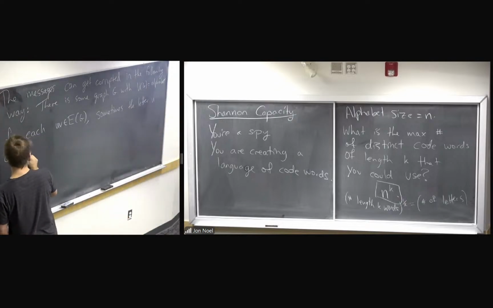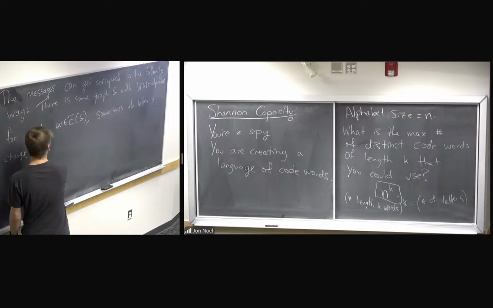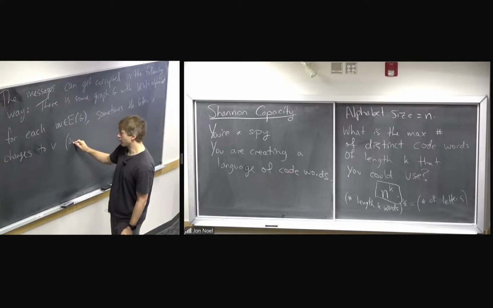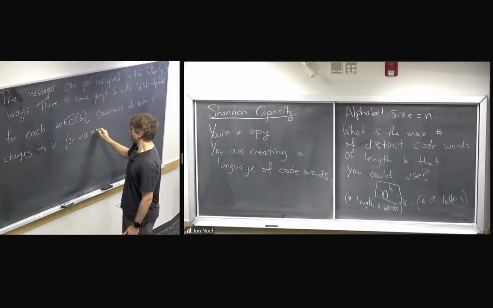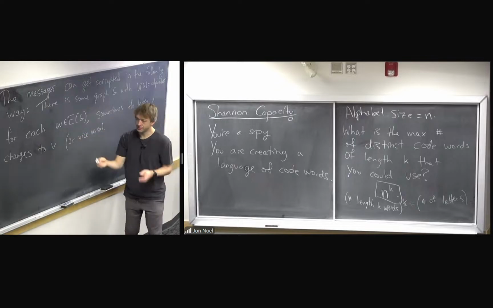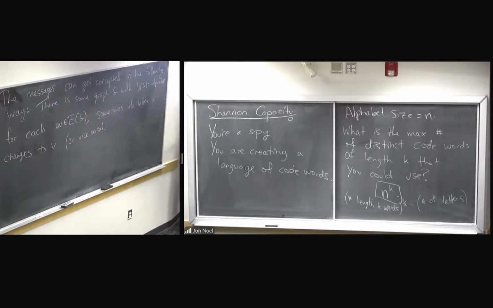So sometimes I send a U to whatever spy is on the other end, and this corruption sometimes changes U to V, and vice versa. This is a symmetric relation: sometimes when I send a U, it changes to V, and sometimes when I send a V, it gets swapped to a U.